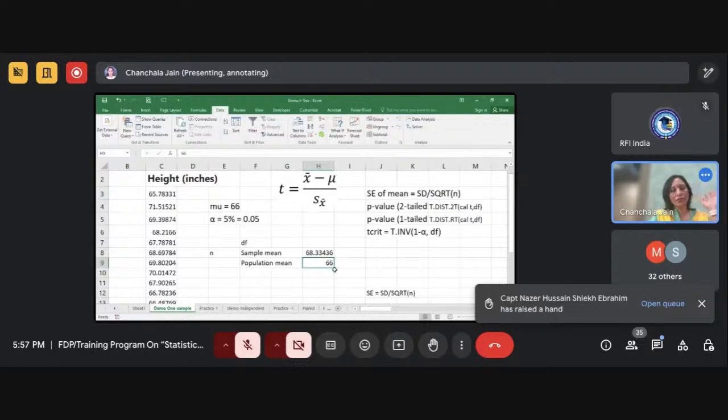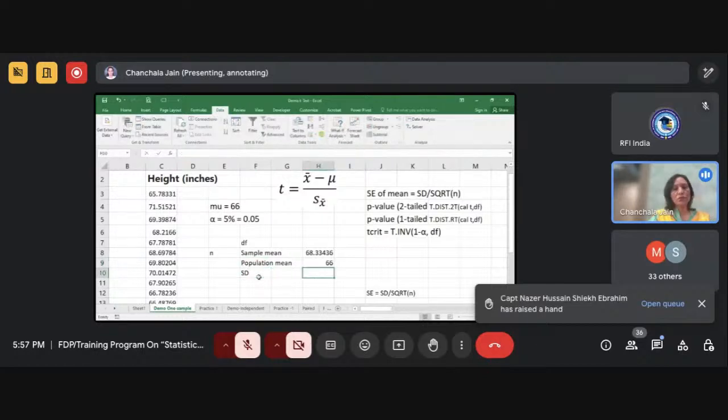This is done. Further, you need to get the standard error of the mean. The standard error of the mean is your standard deviation divided by the square root of the sample size, right? So firstly, I'll calculate the standard deviation.